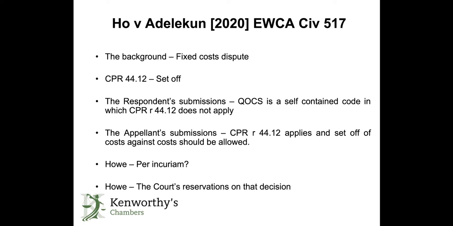And so on that basis, the defendant said, well, not only are we entitled to set off our cost order against damages, we're entitled to set off our cost order against your cost order. And they base that on CPR 44.12, which provides in terms where a party entitled to costs is also liable to pay costs, the court may set off the amounts assessed.